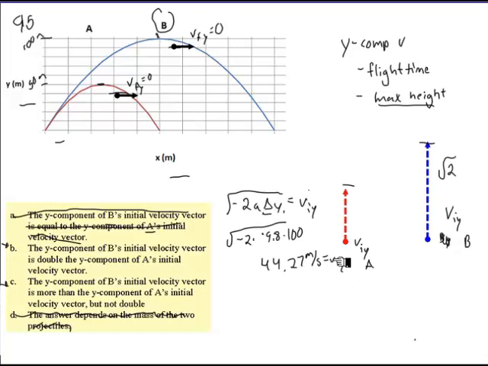Now try it again for 50: 2 times 9.8 times 50, square root. You get 31.30 meters per second. So yes, this is bigger, but is it twice as big? No. So it's not double. So the answer is C. Specifically, it's not double, it's a factor of the square root of 2.